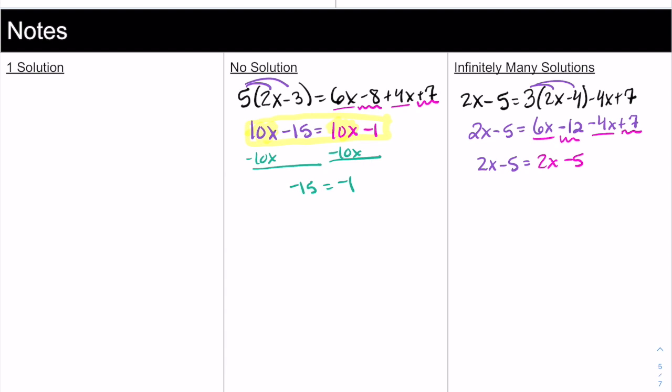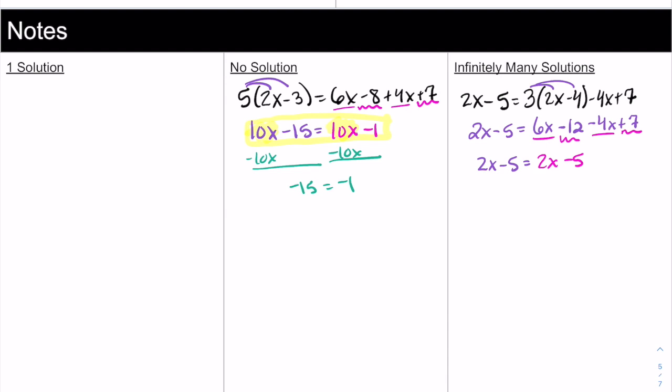So if we look at our x's, the scales would be balanced. But on one side, we're taking 15 away from that 10x. On the other side, we're only taking 1 away from that 10x. So on one side, we're taking more away than the other from the 10x's on each side.